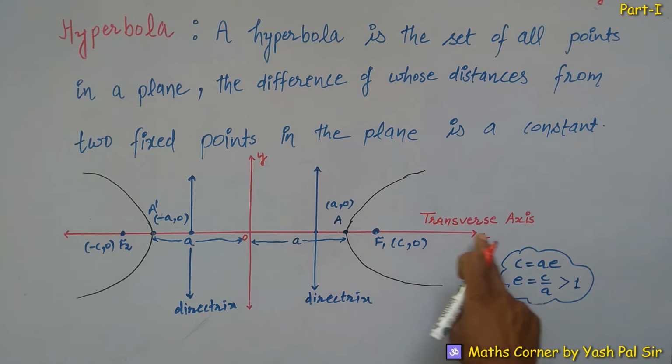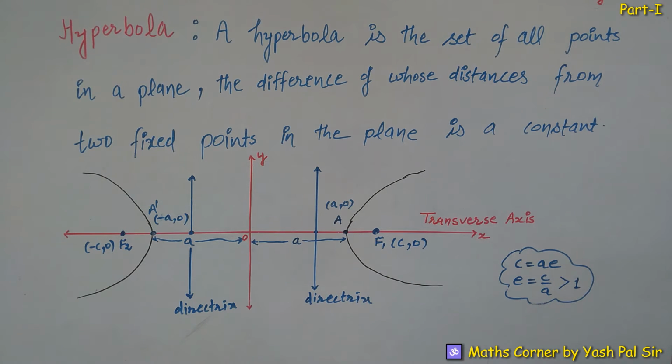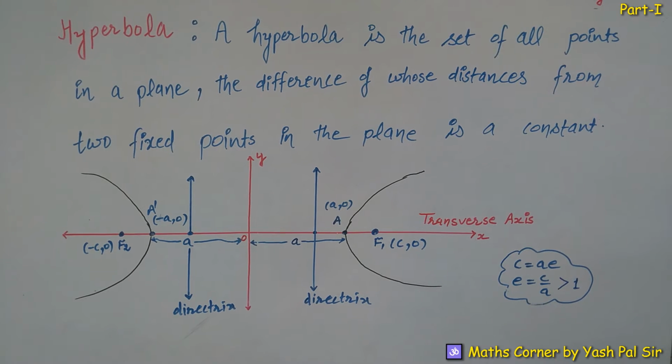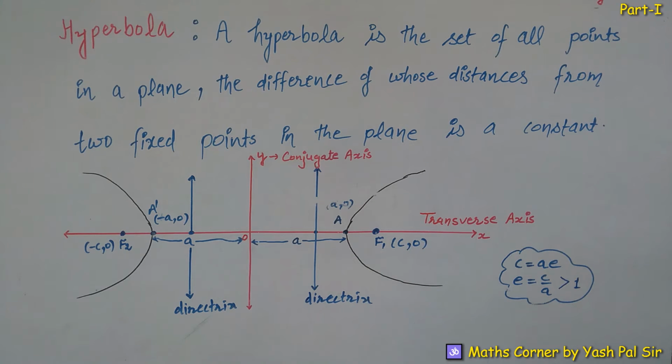Likewise, the vertical line, the y-axis, we are naming as the conjugate axis. One is the transverse axis, the second is the conjugate axis.